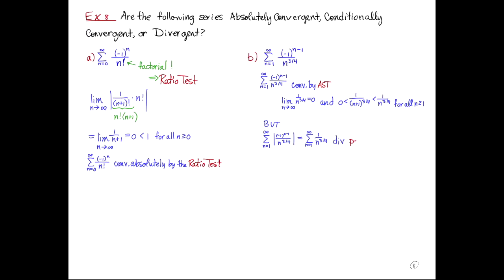It's a p-series with p equal to 3/4, which is less than or equal to 1. And so the sum from n equals 1 to infinity of negative 1 to the n minus 1 over n to the 3/4 is conditionally convergent.